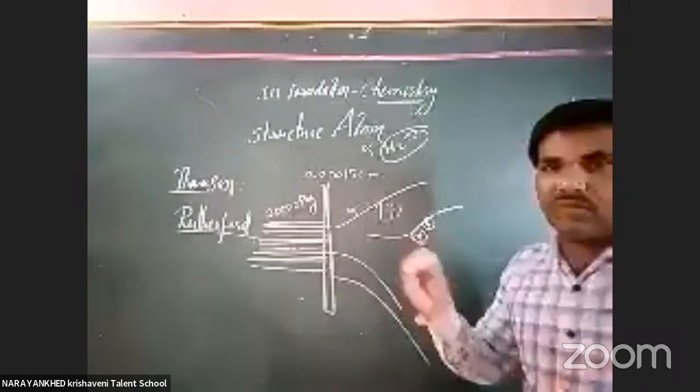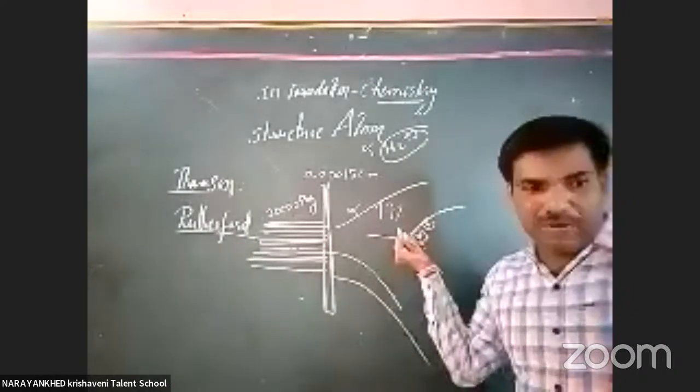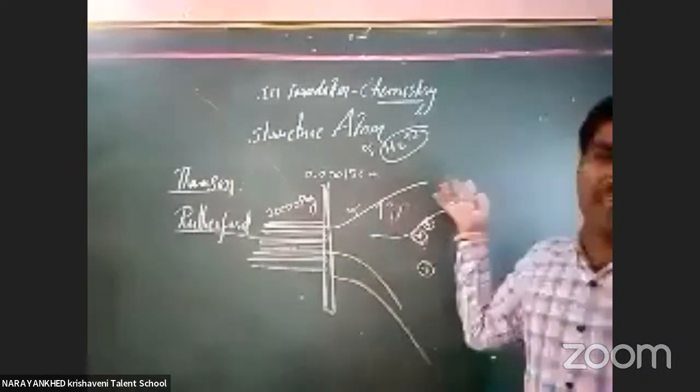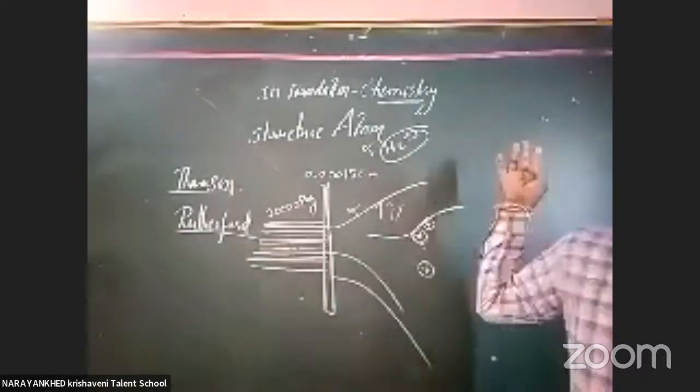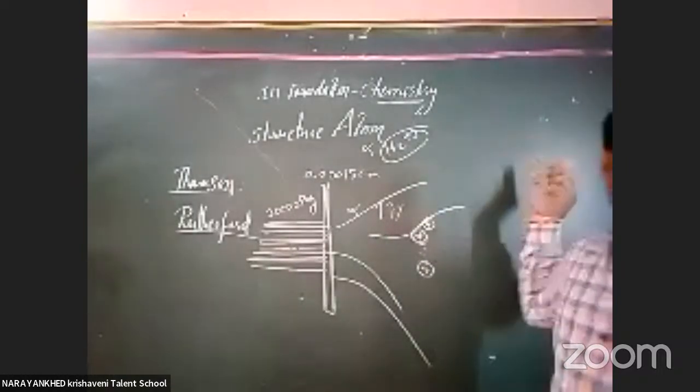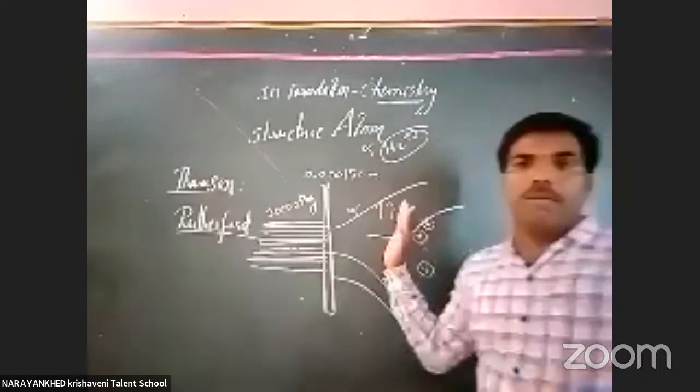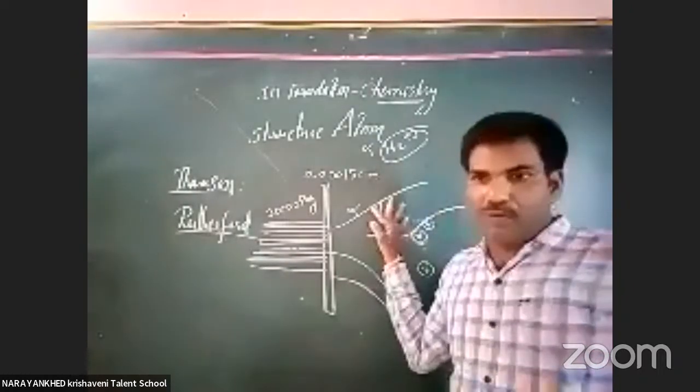They come very near to that negative charge, and afterward they are deviated from their original paths. Clear or not? I hope you got it.